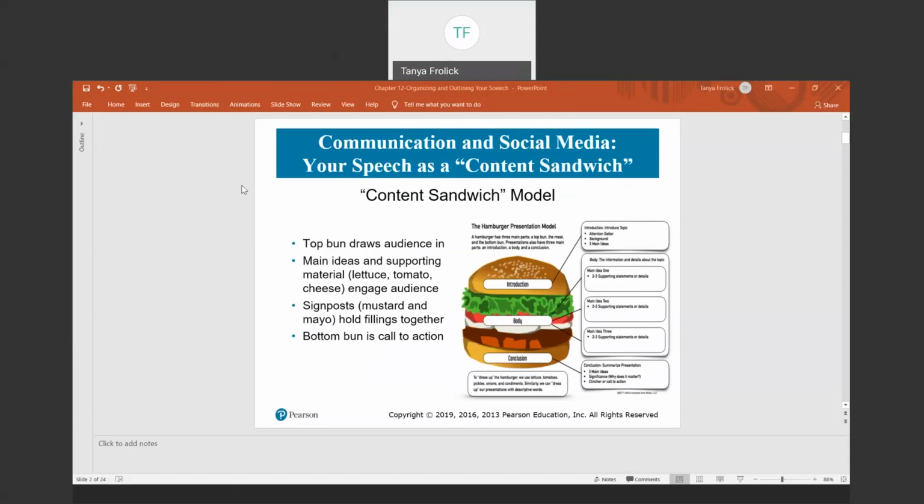I personally like a hamburger with lots of big, fat, juicy pieces of meat. And then you've got your signposts, which are the mustard and the mayo. This is cute. This is in your PowerPoint now. You can look at that and see what you think.